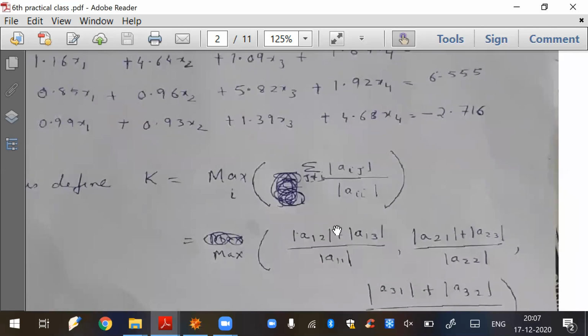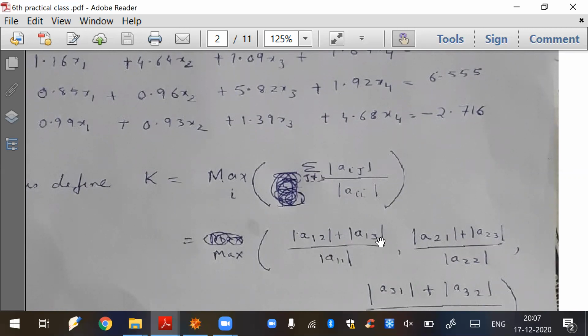Let me explain the pattern. The summation over j not equal to i of mod of a_ij. If I fix i equal to 1, because I have to take the maximum over all i, where i runs from 1 to 4, what will be the first term?